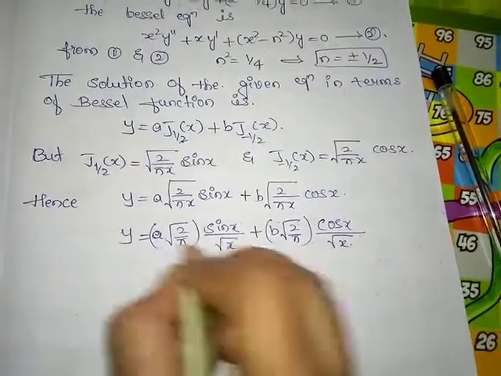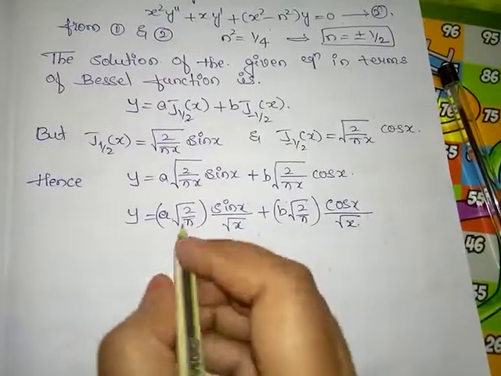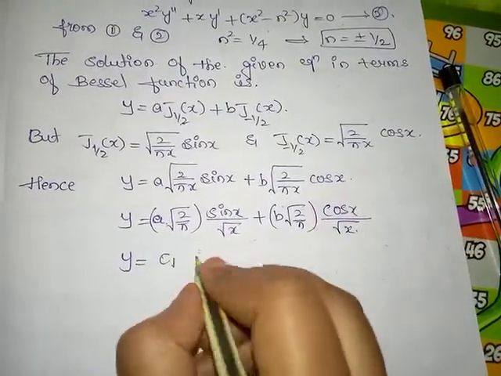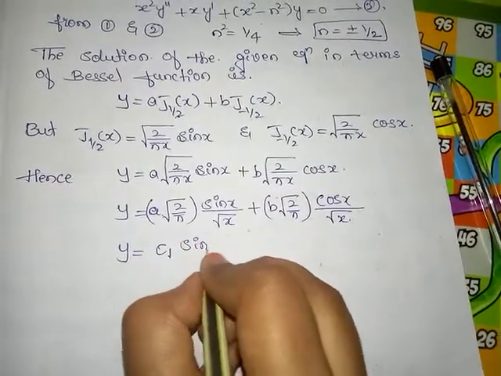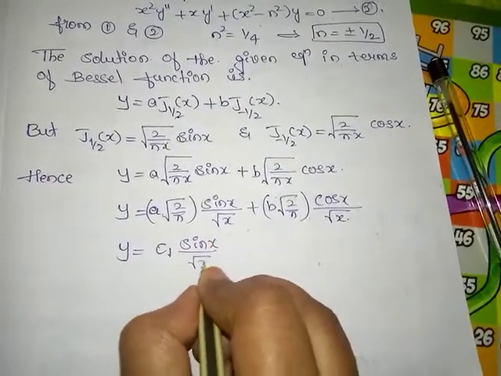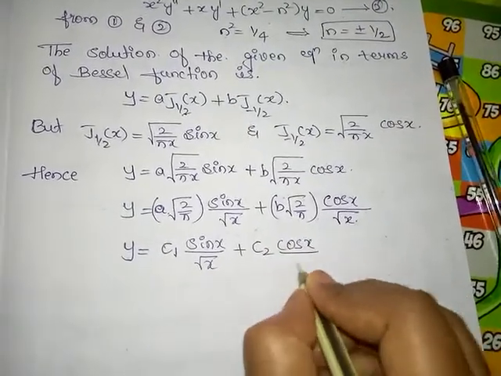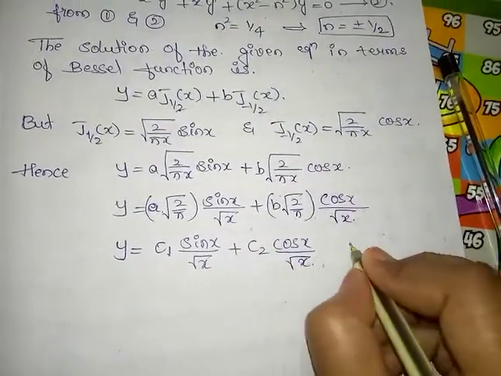Since this is a constant, I will consider this constant as another constant, c1 sin x divided by root x plus c2 cos x divided by root x.